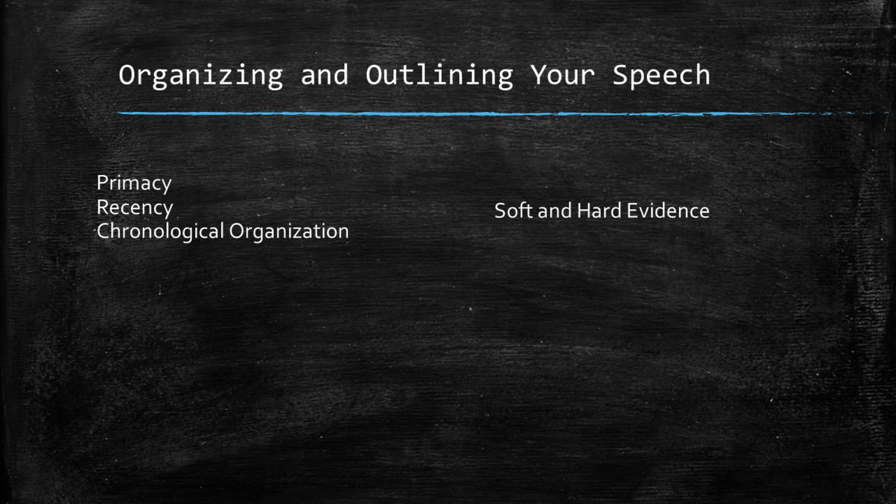You can use a mixture of both soft and hard evidence. Your facts are going to come from the hard evidence, and then you can use your opinions to back up the hard evidence, or you can use soft evidence and have the hard evidence back up your opinions. It's up to you whichever way you want to organize it, but make sure it's organized in a logical manner.